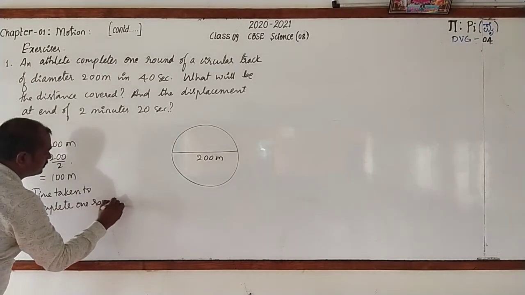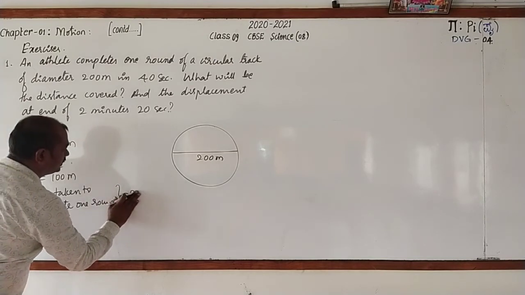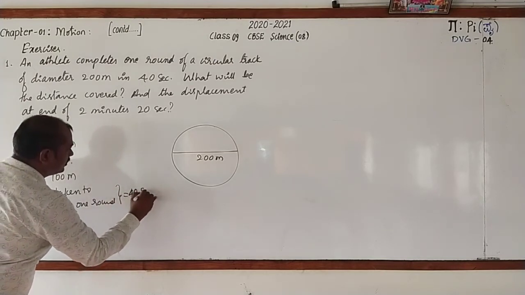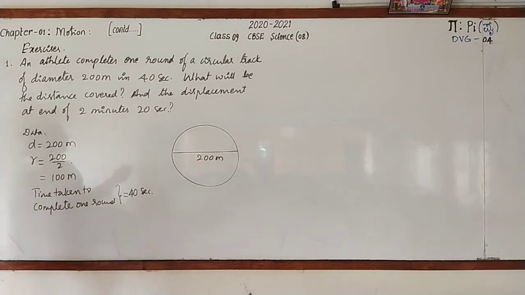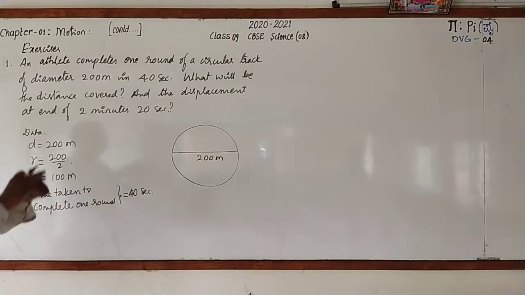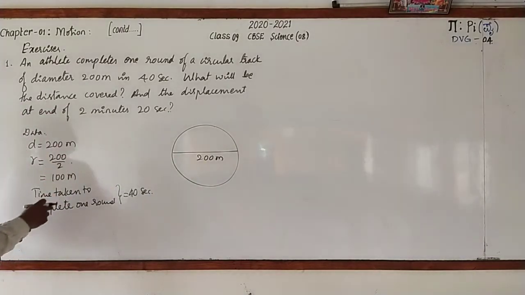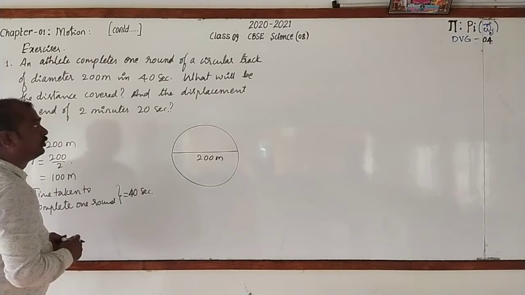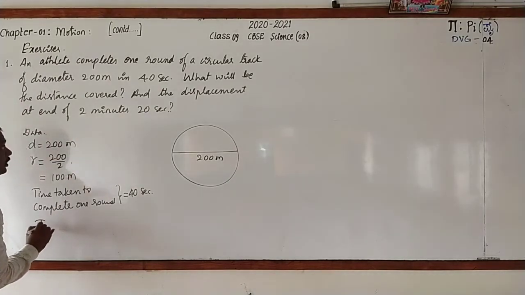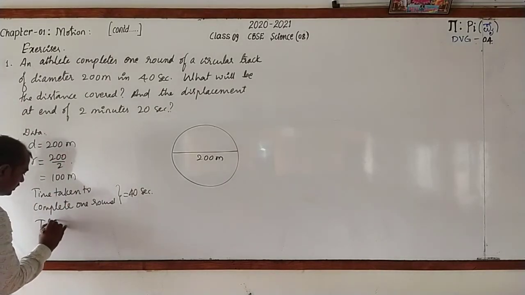You can just remember one problem, the farmer problem. There it was a square field, but here a circular track has been given. And the total time for which he has moved is 2 minutes 20 seconds.